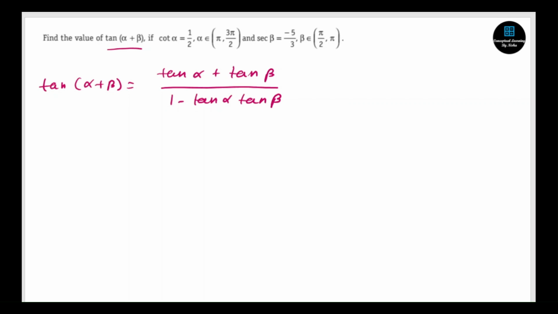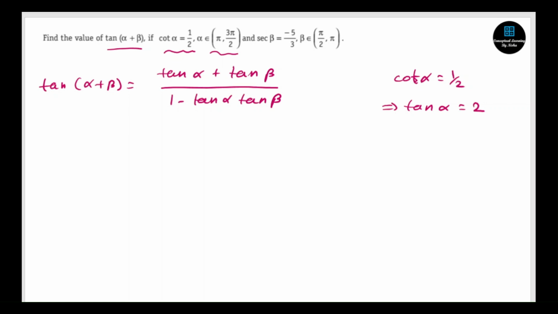Now, cot alpha is given as 1/2, where alpha belongs to pi to 3 pi by 2, meaning which quadrant? Yes, it is the third quadrant. In the third quadrant, tan and cot are both positive. So I'll write cot alpha equals 1/2, which implies that tan alpha equals 2.